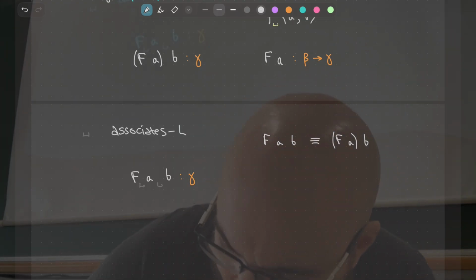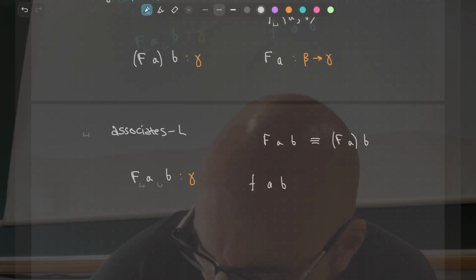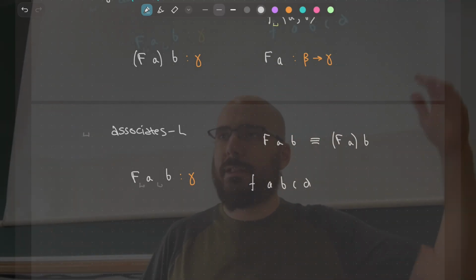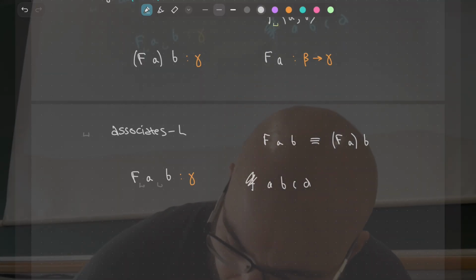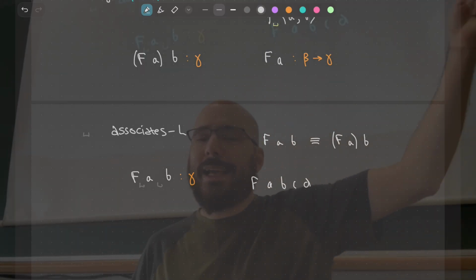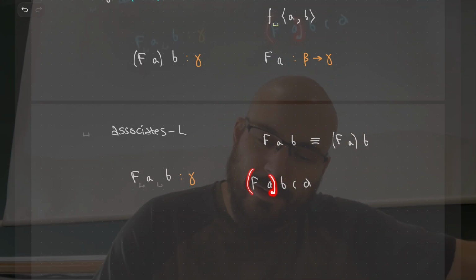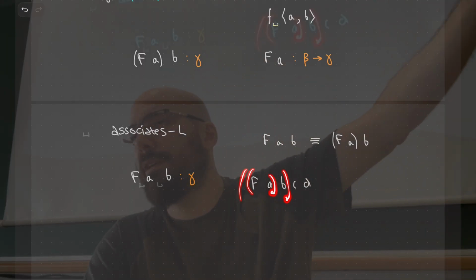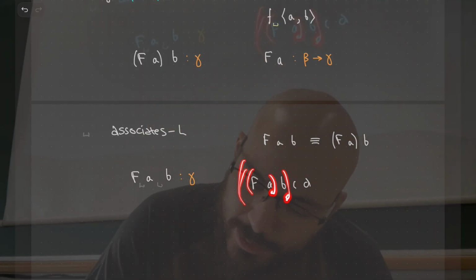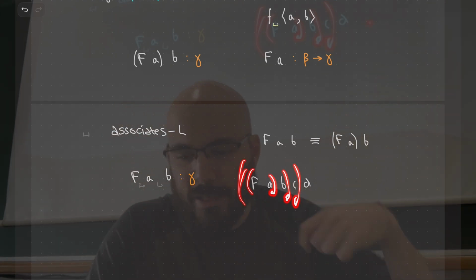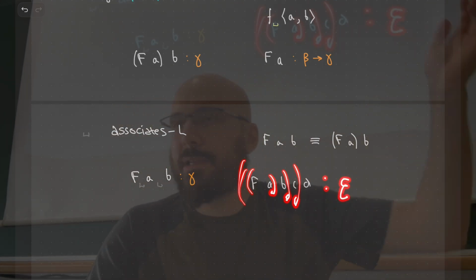So I will use something like f of A, B, C, D, and in my mind I read it like that. Technically, you apply F to A, and this becomes something that's expecting a B. And then you apply B to this, and this becomes something that is expecting a C. And you apply C to this, it's expecting a D. And finally, this whole thing is of type, I don't know, epsilon maybe.